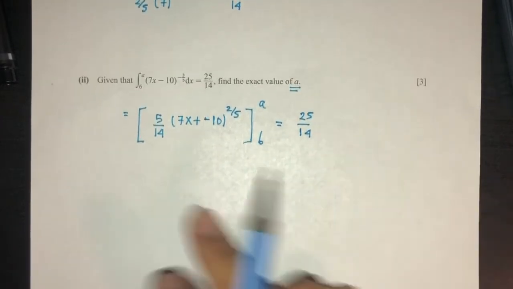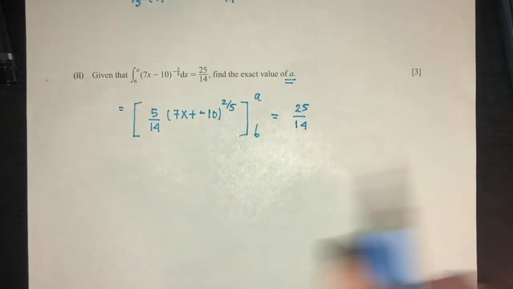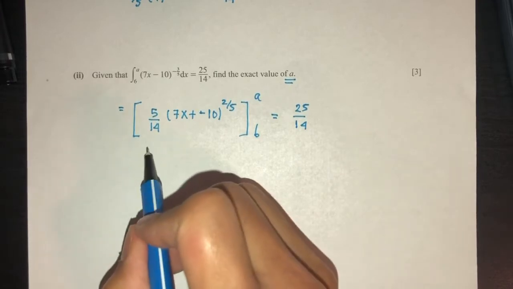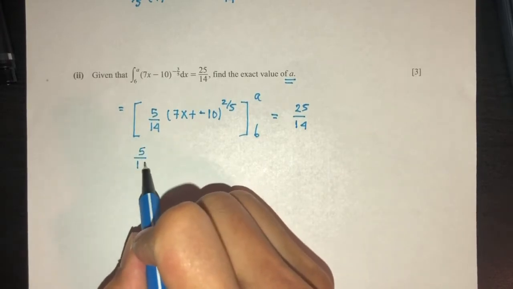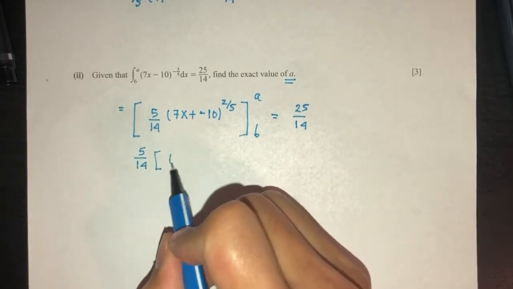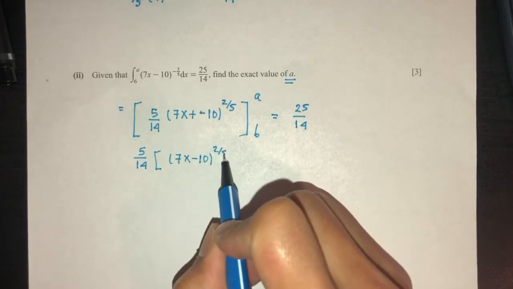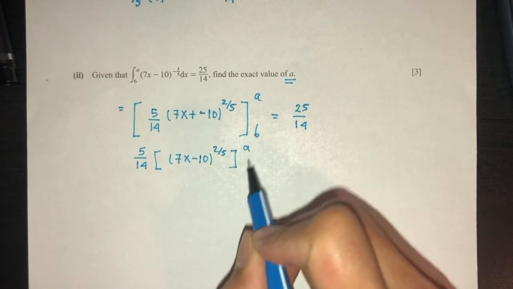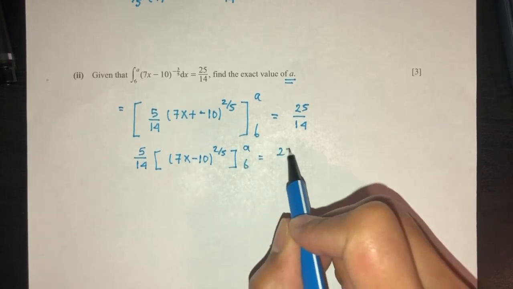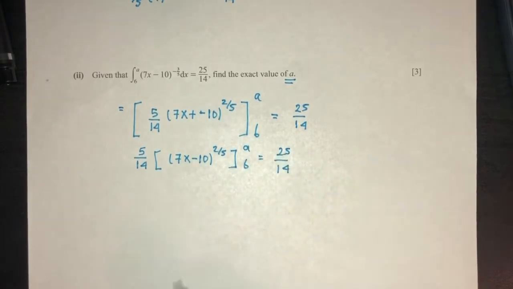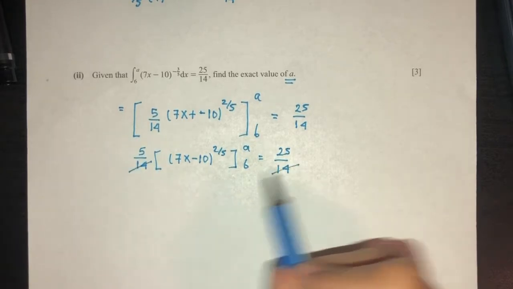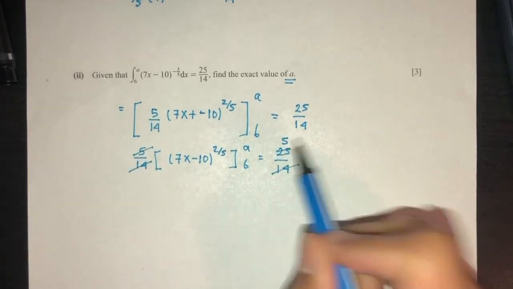So the first thing we can do is we can take out this value. So if you take it out, so we have 5 over 14, and then you have 7x minus 10 to the 2 over 5, between a and 6 is 25 over 14. So 14 can cancel out, 5 become 5.